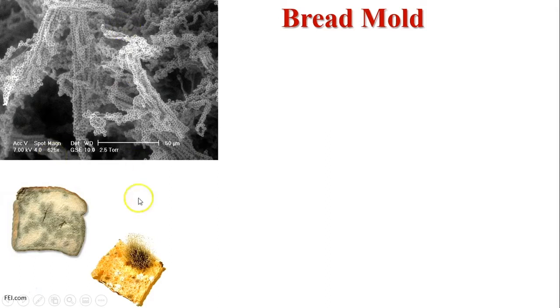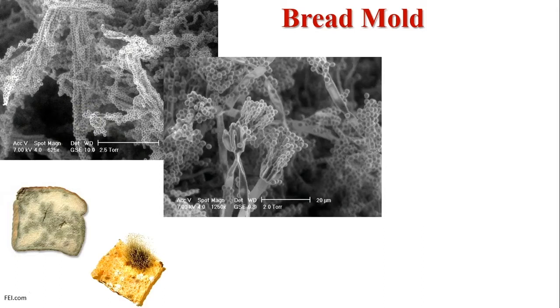We can see it looks like a chain of spherical particles. We know the highest magnification of a light microscope is around 1000. So this image was taken at 1250 magnification. We can see it also has some branches and also has particles at the tip.